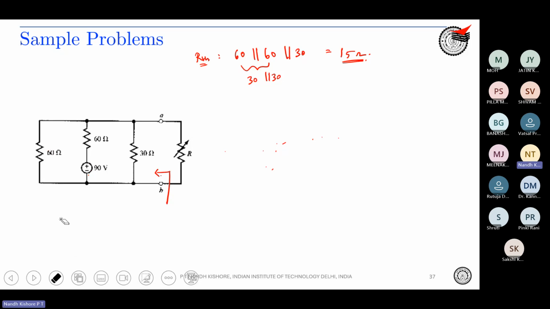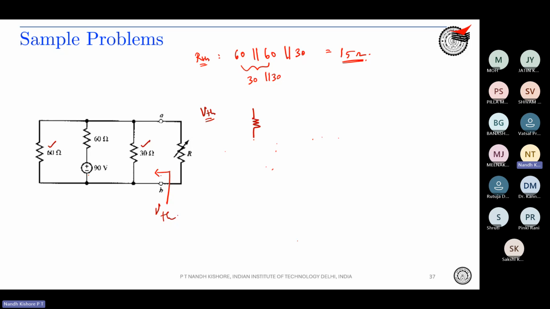And what about V Thevenin? I can take 60 and 30 in parallel, right? 60 parallel to 30 is 20 ohms.